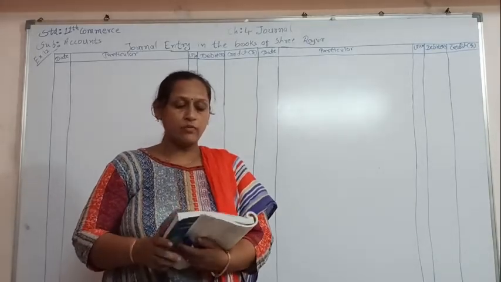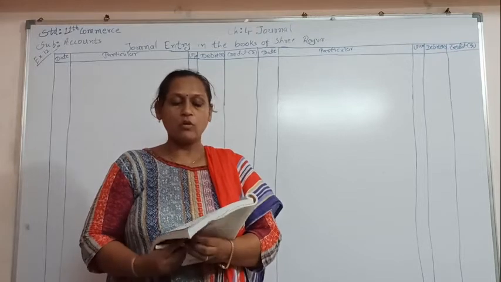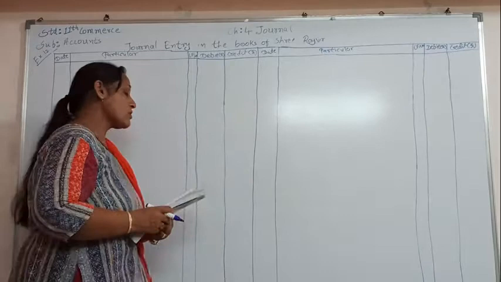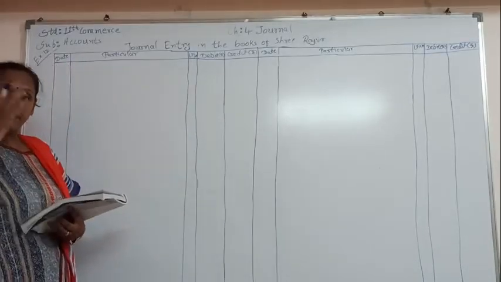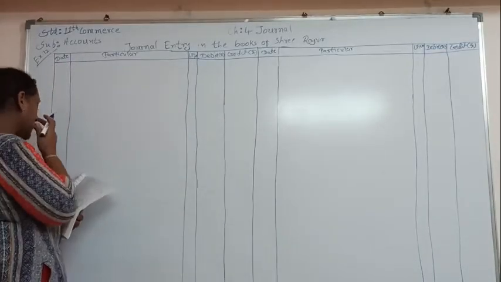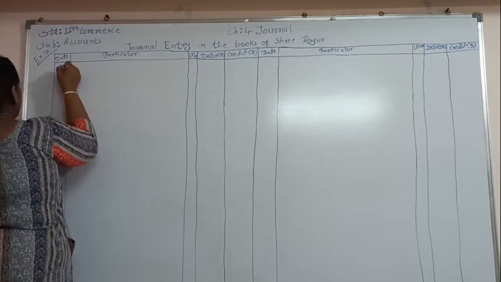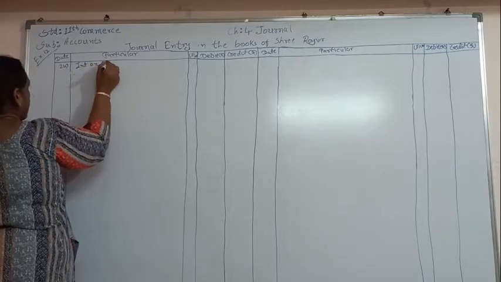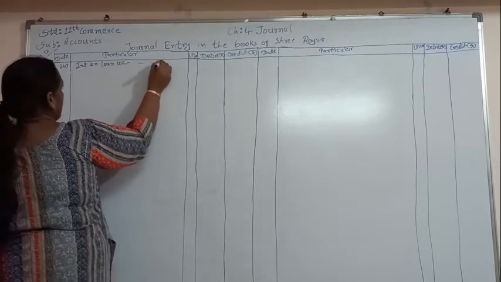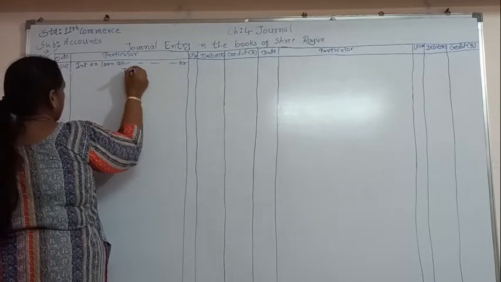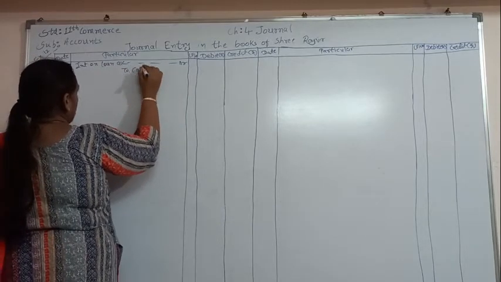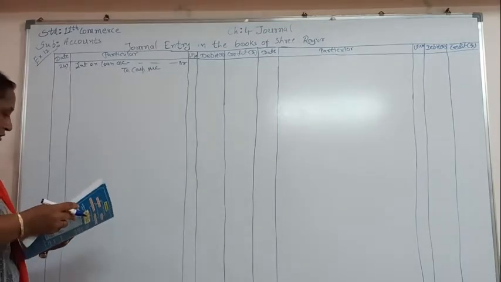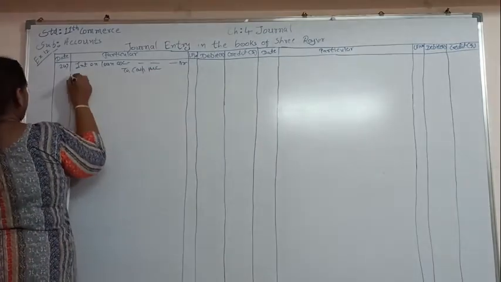24. Interest for 1 month paid on loan of Srimati. So here we are going to pay the interest. So interest on loan account debit to cash account, that journal entry we are going to pass. And the amount we have to find out. Here the loan we have taken from the Srimati is of rupees 30,000.